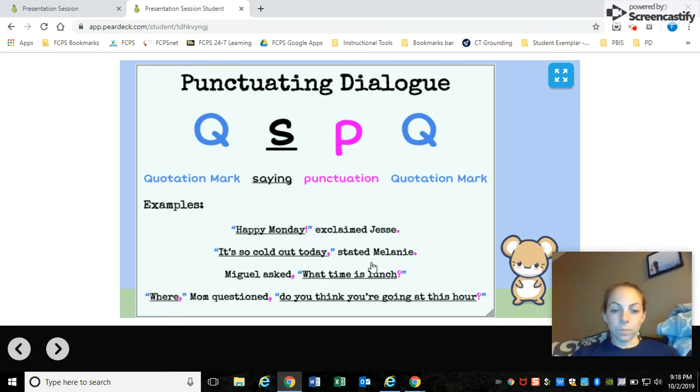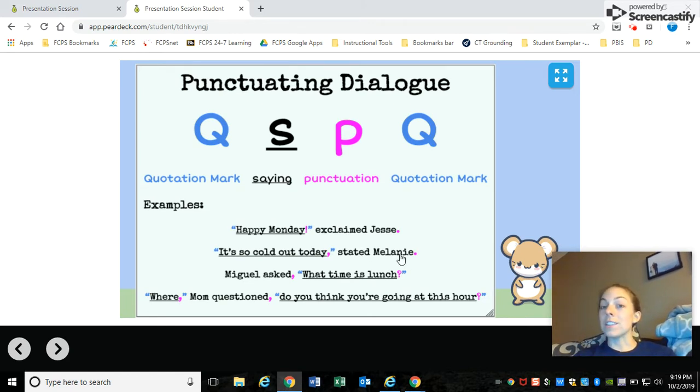Our next one, "It's so cold out today," stated Melanie. So our dialogue tag is stated Melanie. Now, Melanie did not literally state the words stated Melanie, but what she did say is it's so cold out today. So if it's so cold out today is the saying, our S, then right after the saying comes our punctuation, and in this case, it's a comma, because the dialogue tag is the rest of the sentence.